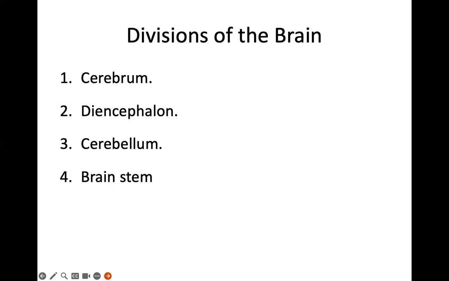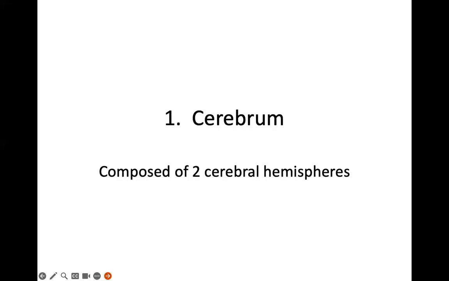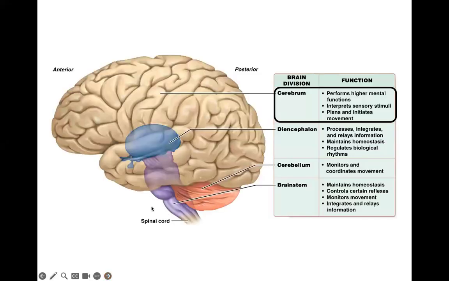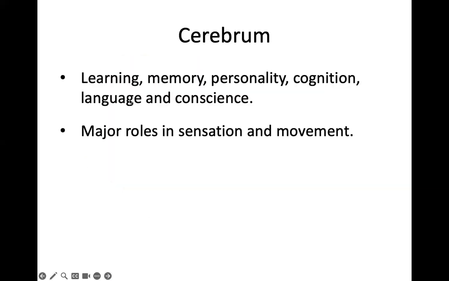There are 4 main parts of the brain: cerebrum, that's the big brain; cerebellum, the small one; diencephalon, and brainstem. The cerebrum has 2 hemispheres, right and left. You see on the one side, this is the left cerebral hemisphere, which performs higher mental functions, interprets sensory stimuli, plans and initiates movement. You see those elevations there.